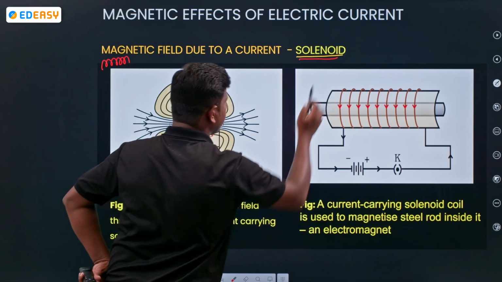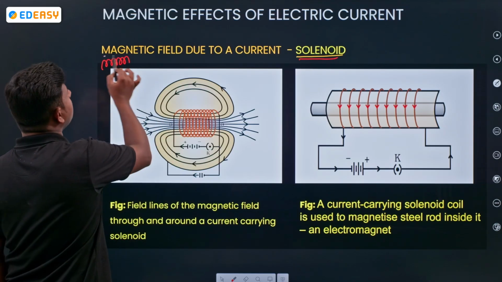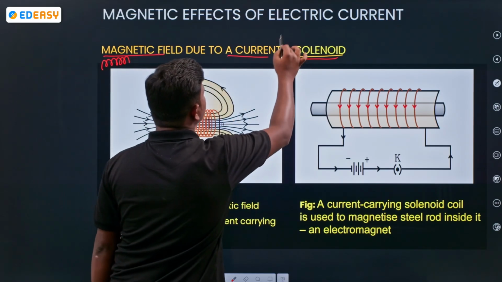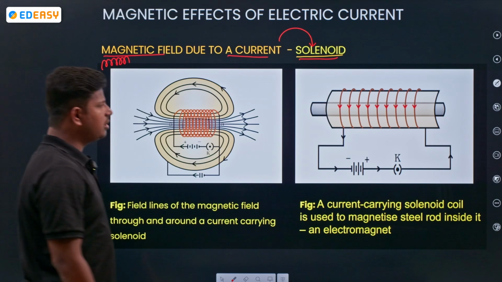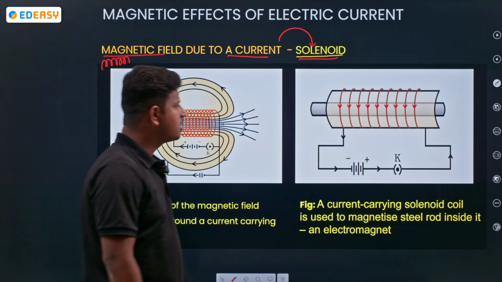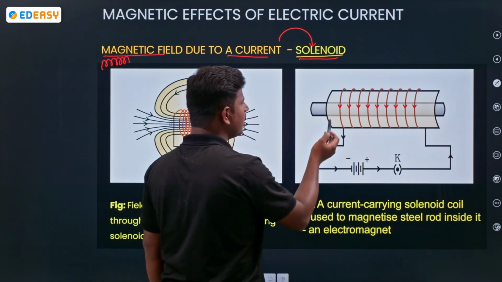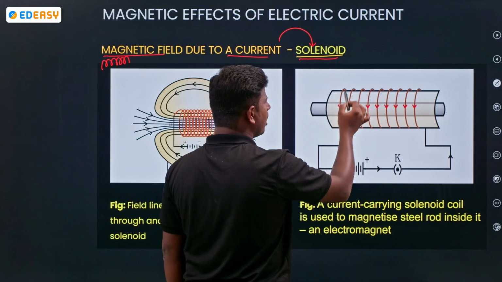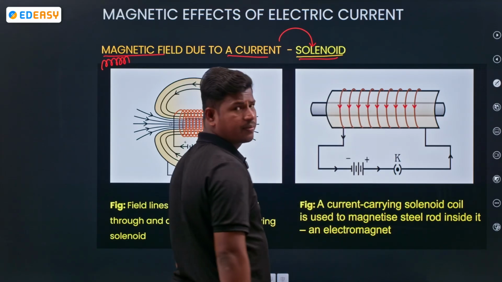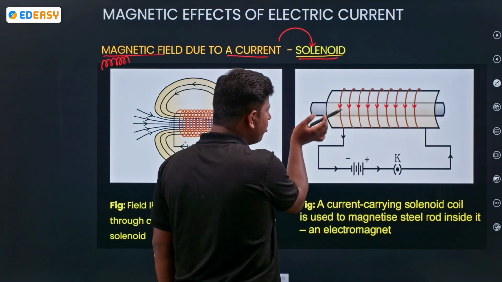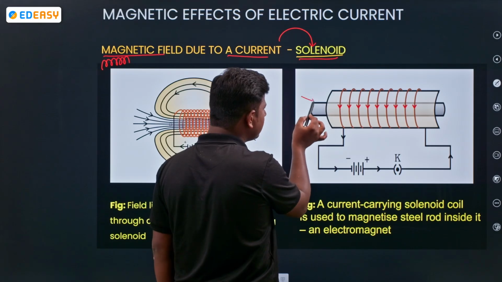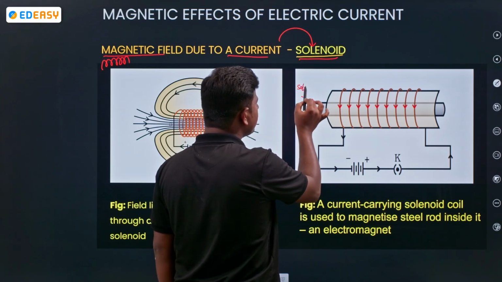See, if you take a solenoid, the magnetic field due to a current-carrying solenoid. Here I am taking a wire wound like this. And in between the wire, what do they place?